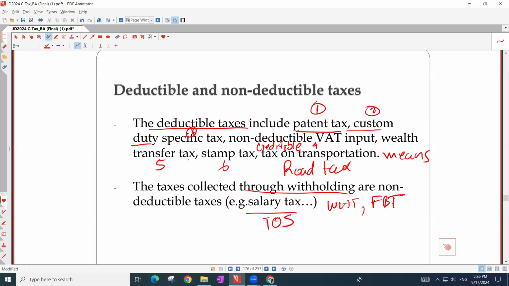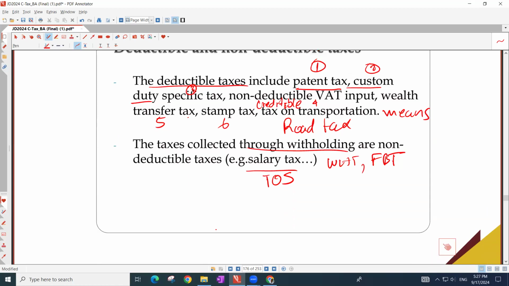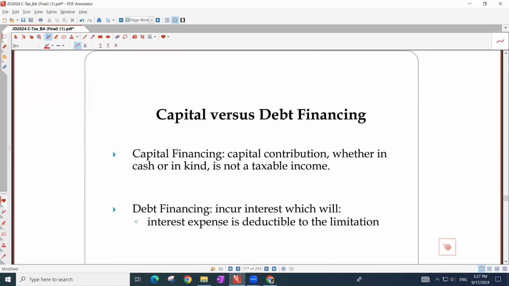So you never have an output tax recorded as a tax expense. No, this is a non-deductible tax.